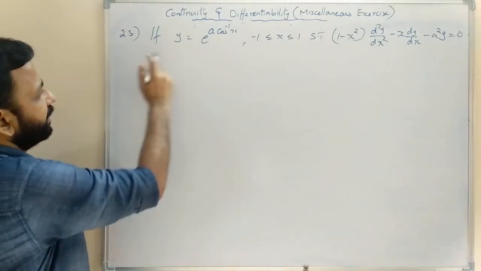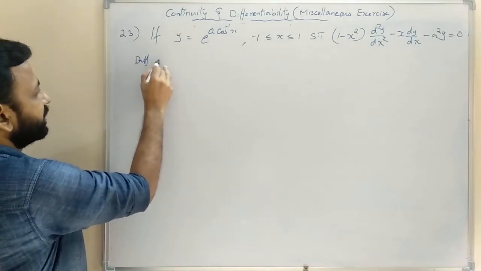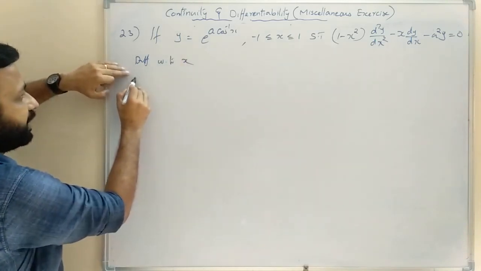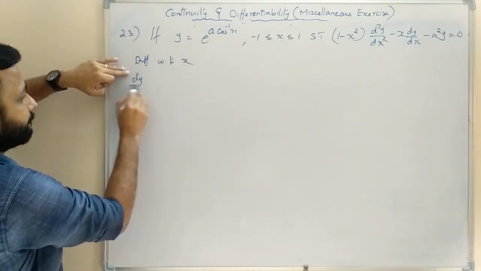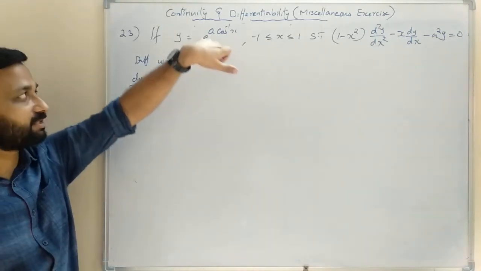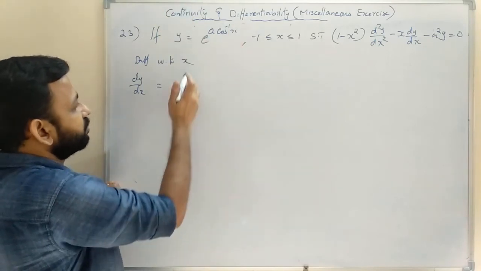So we can differentiate this expression with respect to x. Then dy by dx, the derivative of y with respect to x, is equal to the derivative of e raised to a cos inverse x.